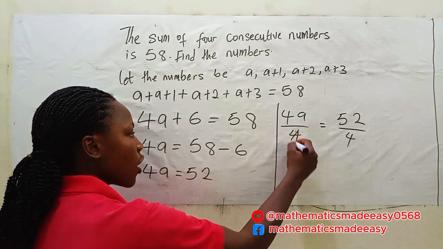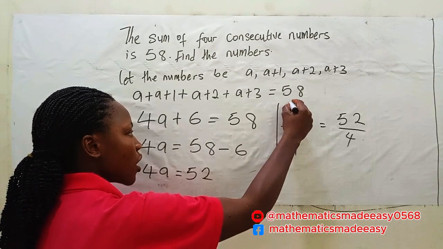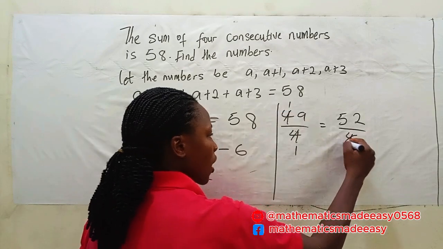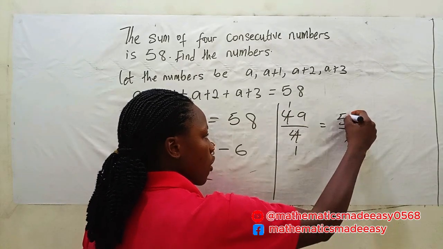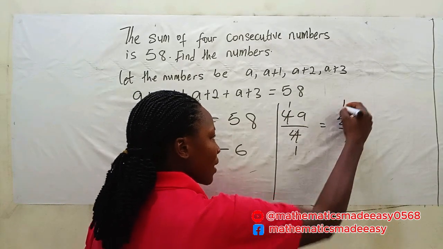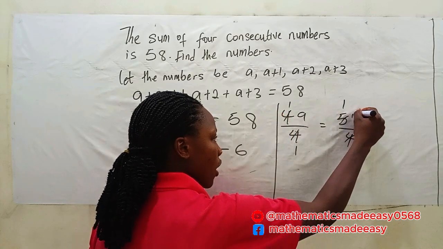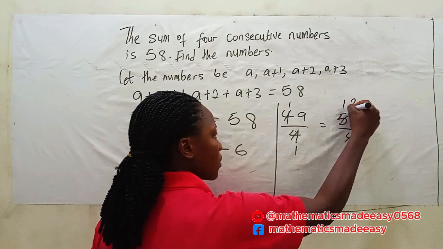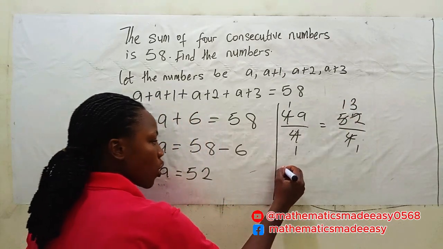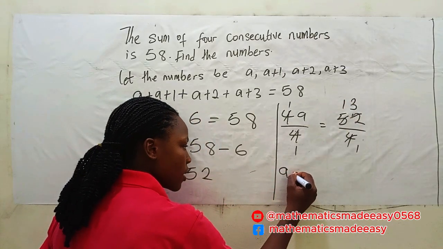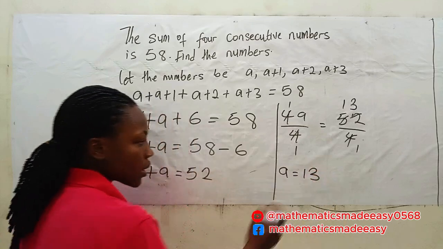Okay, 4 into 5, 1, remainder 1. You put that 1 here. 4 into 12 is 3. So the value of our a is equal to 13.